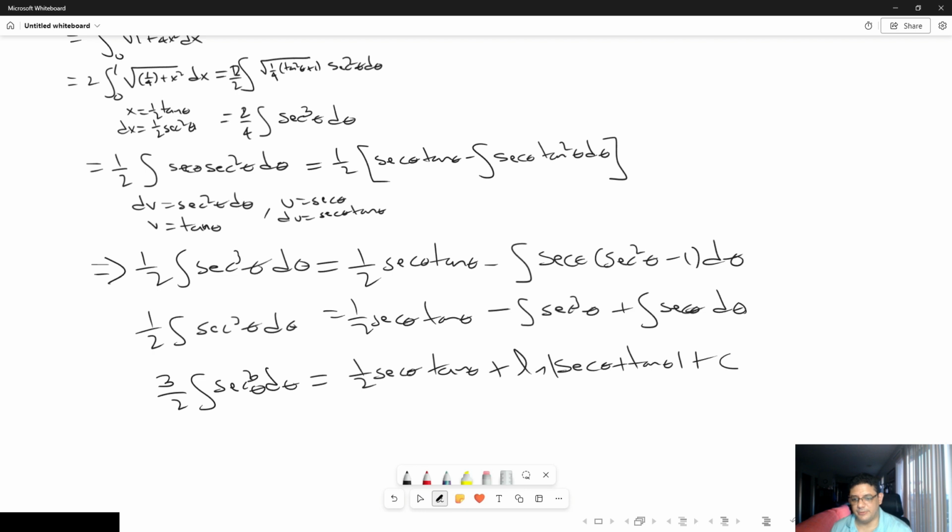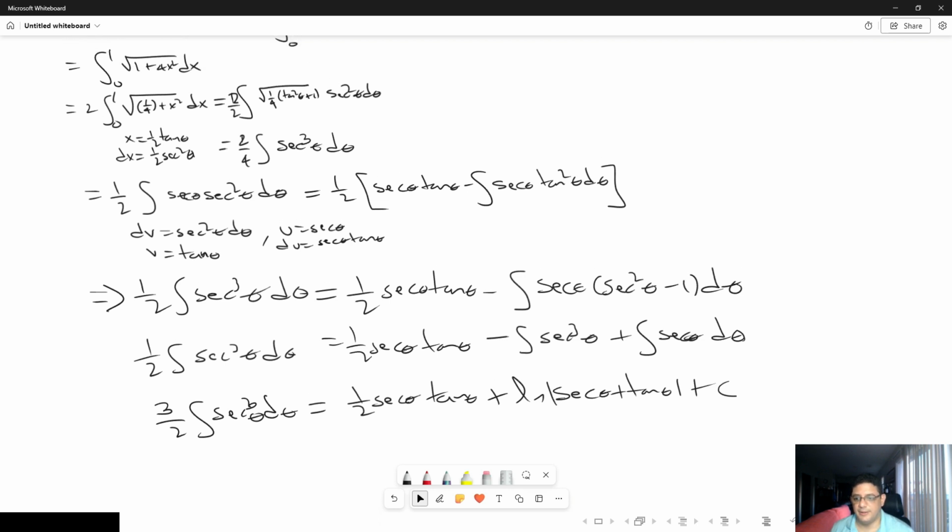Now we have to go back to the original variable. So because we were having this, this is 1/2 secant of theta. This is where we got to this point.